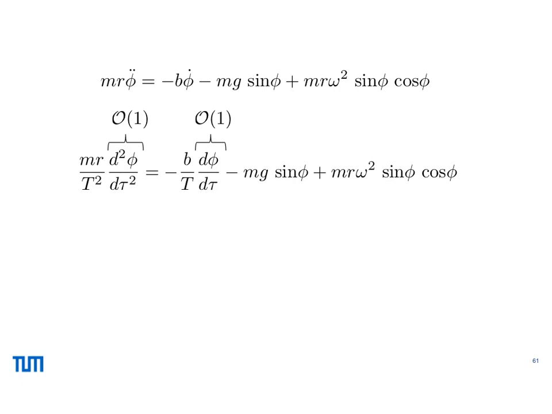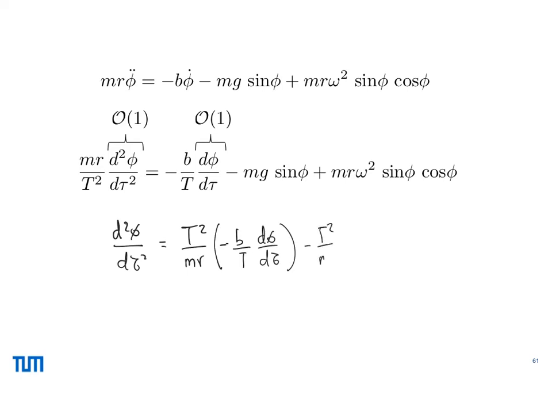So we will have d squared phi over d tau squared equal to T squared over r multiplied by minus b T d phi d tau, minus T squared over r times m g sine of phi, plus T squared over r multiplied by r omega squared sine of phi cosine of phi.